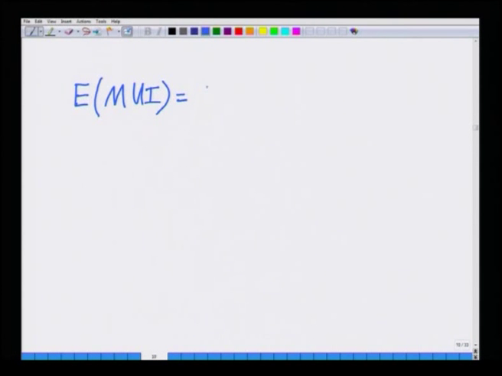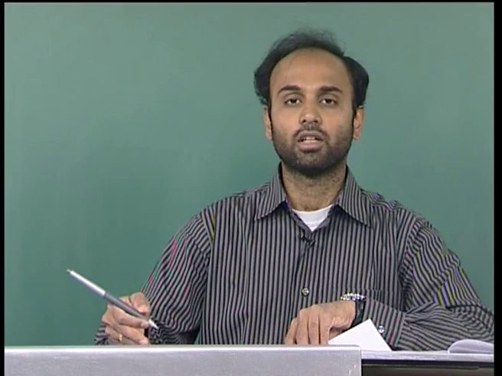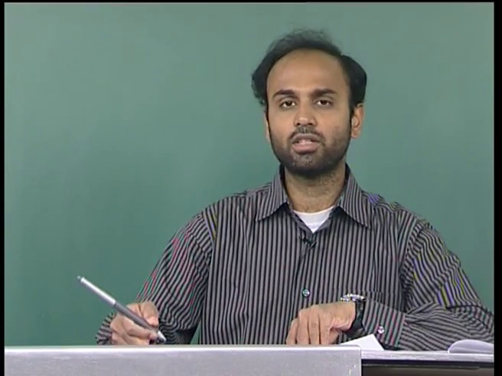No harm in writing this down: summation k equals 1 to capital K, summation d equals 0 to L minus 1, H 0 of d, S k, expected R 0 k of d. Expected each R 0 k of d is 0, hence this is a summation of zeros, hence this is 0. So, this is interference with expected value 0, and we have seen this several times before. So, there is no need to belabor that point.